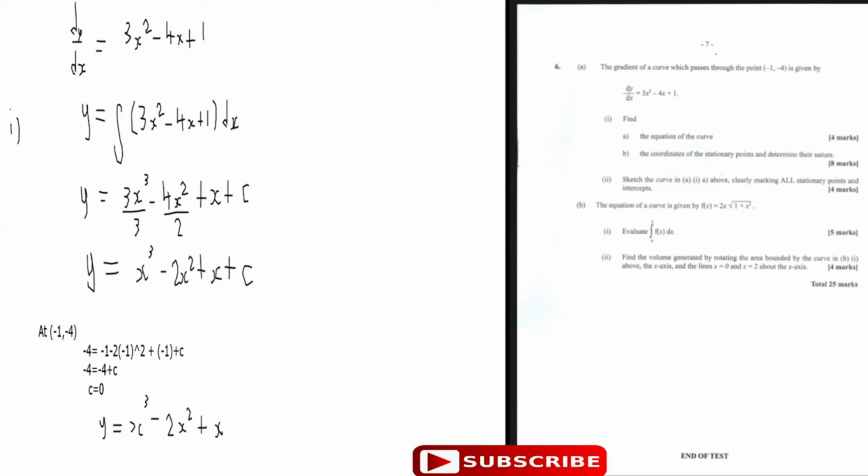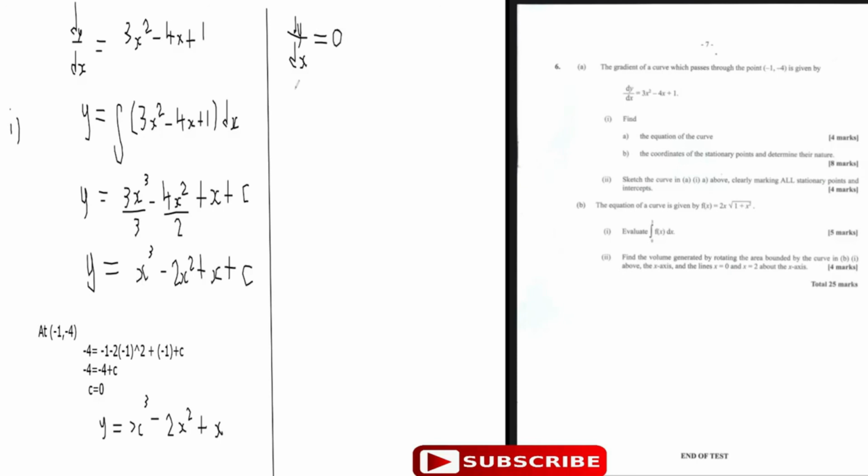So now the second part of the question says, find the coordinates of the stationary points and determine their nature. To find the coordinates of the stationary points, we go ahead and solve dy by dx equal to 0.